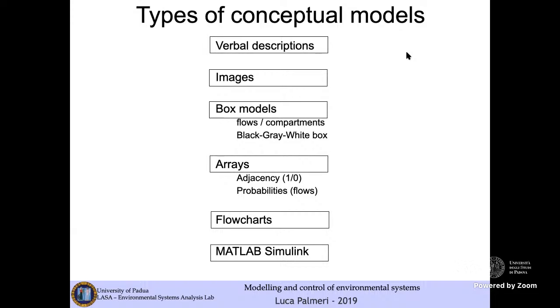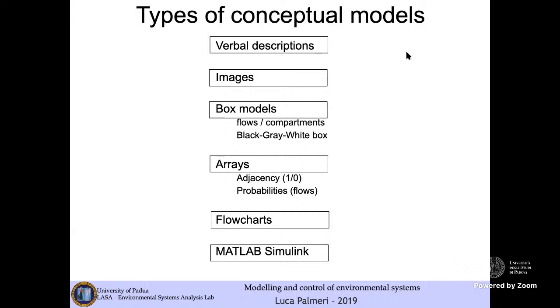Instead of using ones and zeros, you may use probabilities describing the probability of a flow of some kind of media from one state variable or from one compartment to another compartment. So we are starting to place numbers also on the flows. Another interesting example of box and flow model may be found, for those of you that are comfortable with the programming language, in flowcharts.